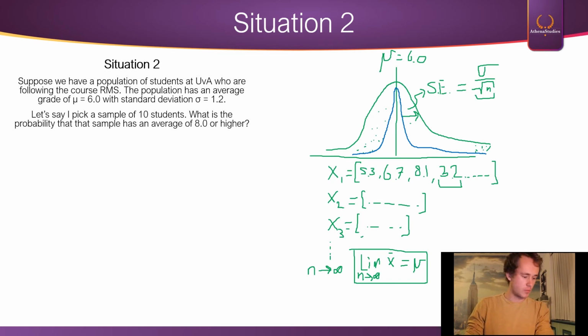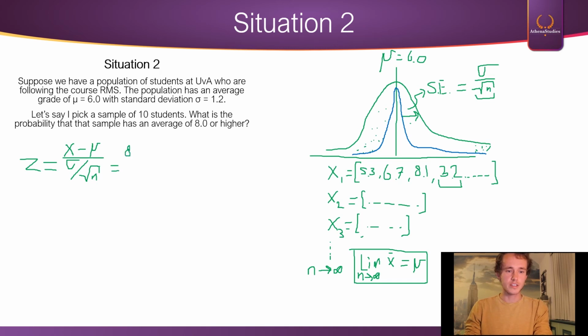So let's look at what this means to the outcome of the probability, because we still have the z, it is still x minus mu, but this time we have to divide it by the standard error, and the standard error, as we saw, is the standard deviation divided by the square root of n.